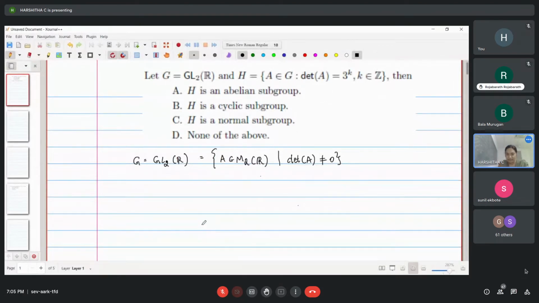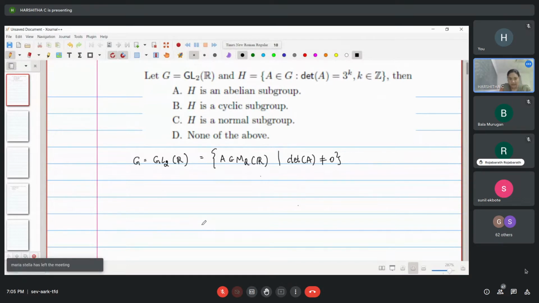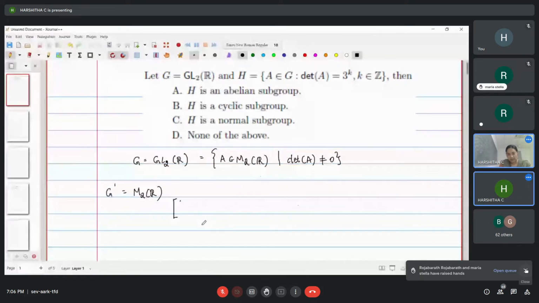See, you have this M2R itself, right? So you have all matrices. Let's call it G prime is M2R. Now, this itself is a group. So given any two 2 cross 2 matrices, A, B, C, D, what can we do?